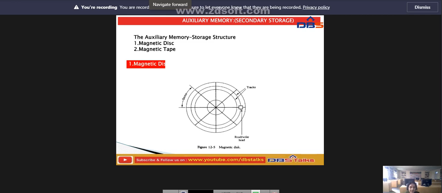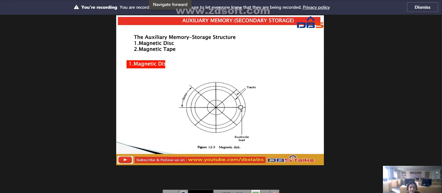In disks and tapes, the access time consists of seek time. In a magnetic disk or magnetic tape, the access time consists of a seek time required to position the read write head to the location, and a transfer time required to transfer data to or from the device.